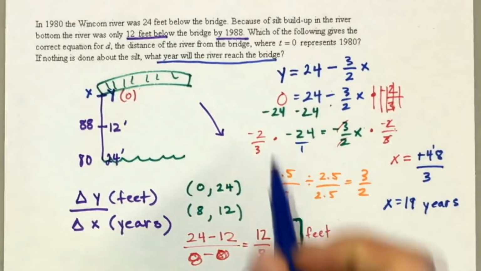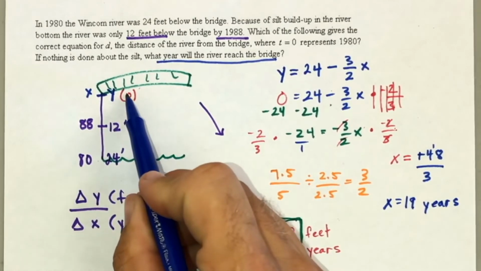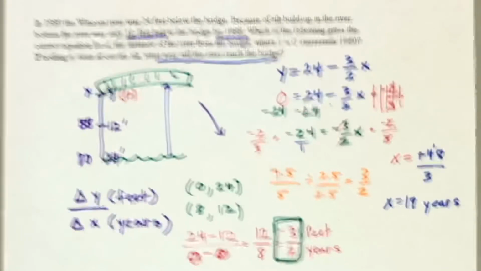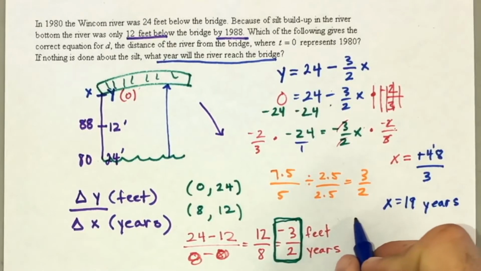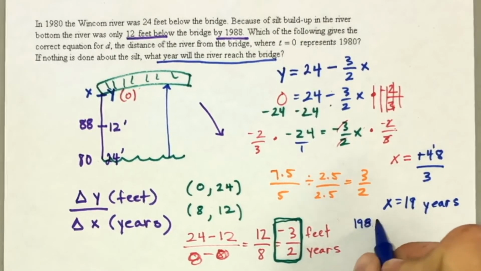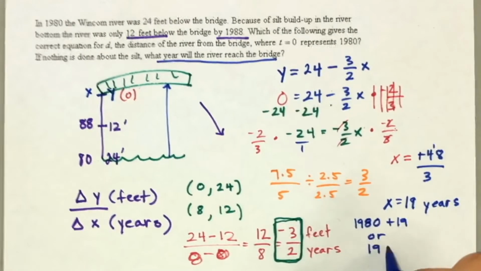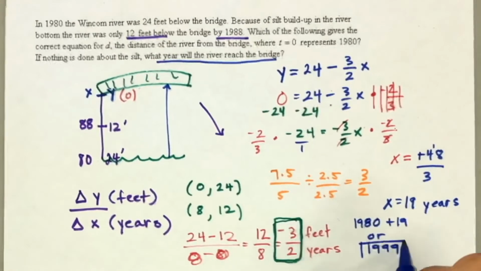So after 19 years, my feet below the bridge is going to reach 0, meaning my water is going to be touching the bridge. So where was that? Well, that was 1980 plus 19 years, or 1999. And that would be your final answer there.